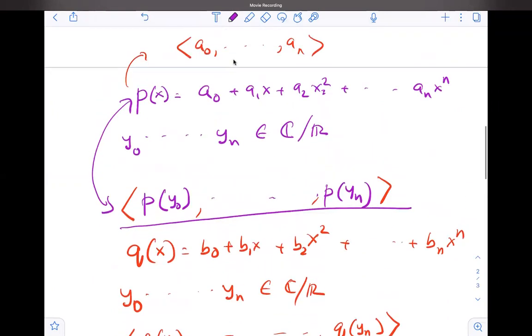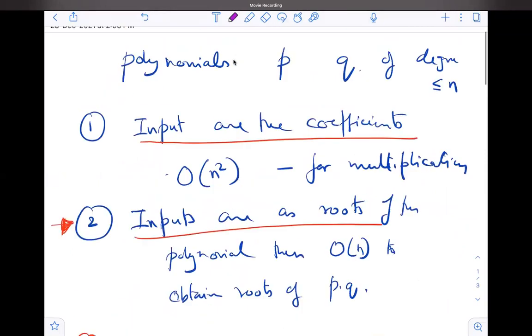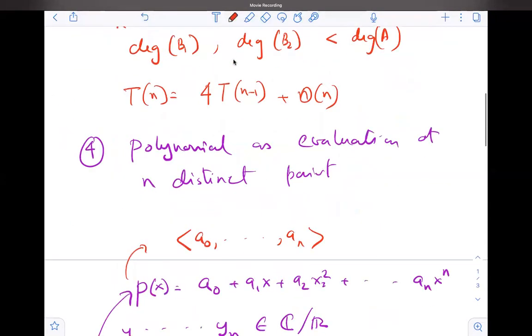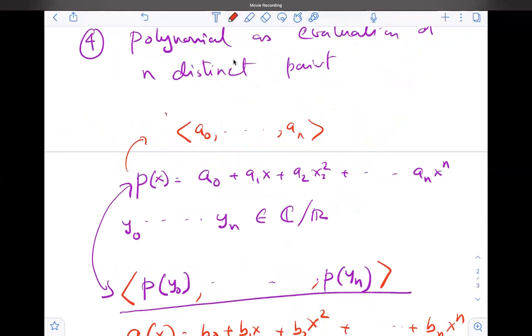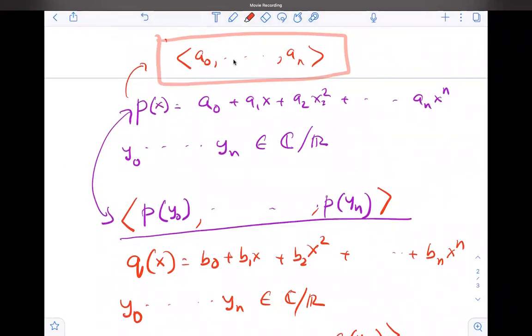But of course, it comes back to the same question that was there earlier. How can we move between this notation, the representation of the coefficients, to this representation easily?